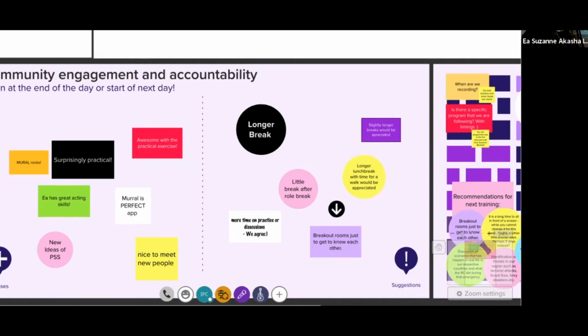And we are mindful that next time we plan a training, we really need to have longer breaks. We can't just do 15 minutes in the morning and 15 minutes in the evening. You need 10 minutes an hour, and then a good lunch break. Otherwise, people will be checking emails, and we don't want that during the training because they need to be engaged.